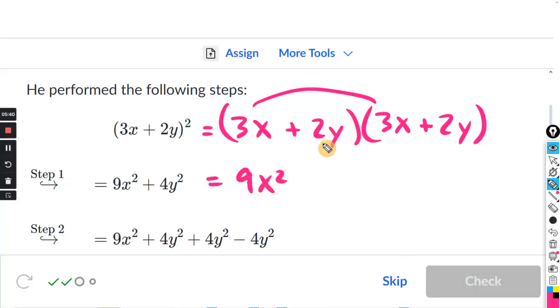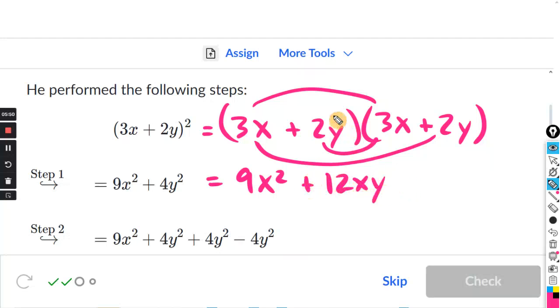The inner term, 2y times 3x, is 6xy. The outer term is 6xy, so that's going to be 12xy. And the last term, 2y times 2y, is 4y squared.